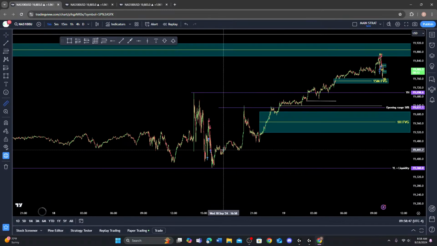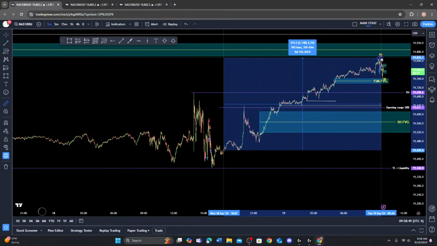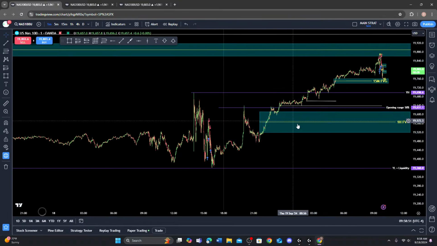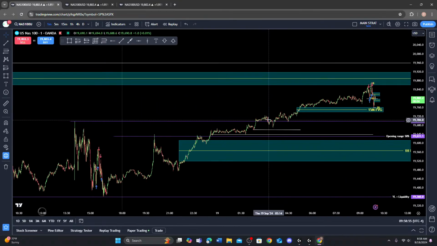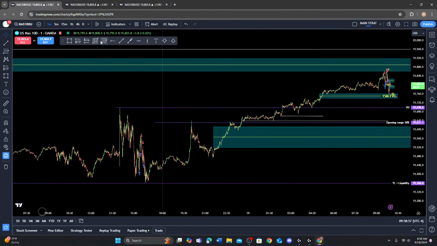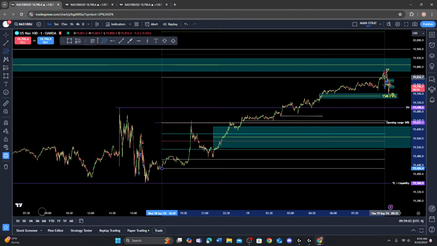Let's see. Huge bull run, 417 handles. So make sure I got my measurements right. Where's this?